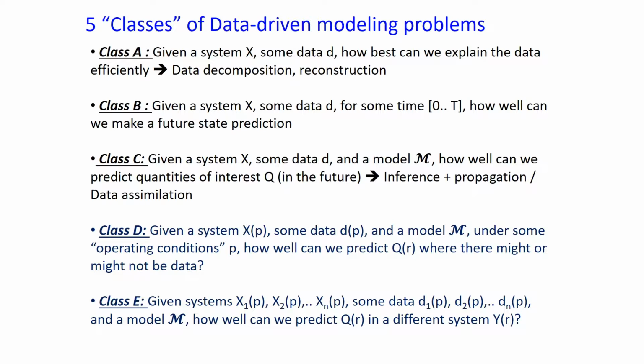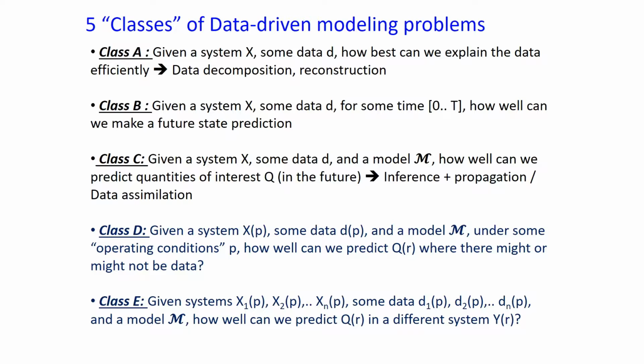But what we're interested in here are what I call class D and class E. I don't want to be classist here. I'm not saying this is more difficult because it all depends on what the system is. So class D is something where you have some system under some operating conditions or parameters P, and then you have some data for those operating conditions and a model, and then you want to predict some quantities of interest for other operating conditions.